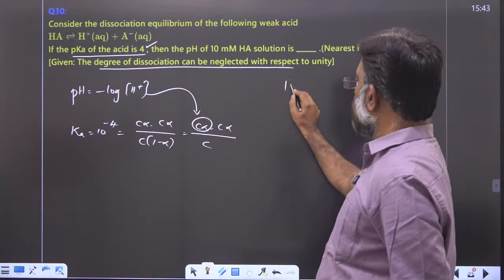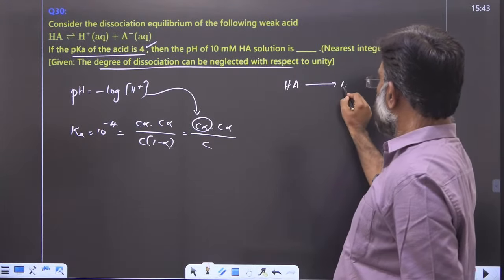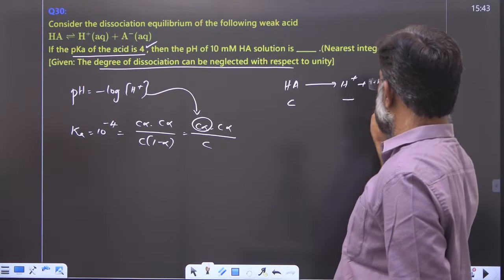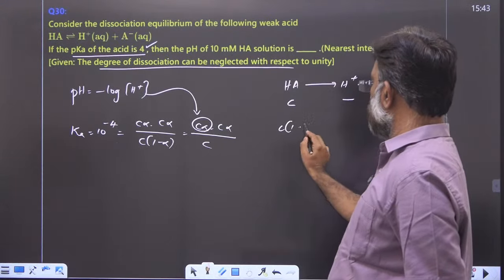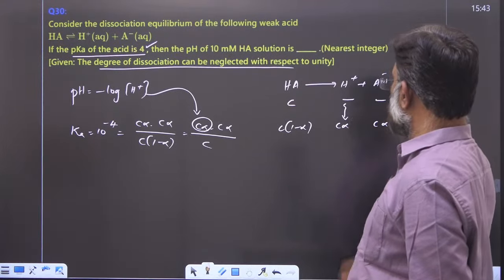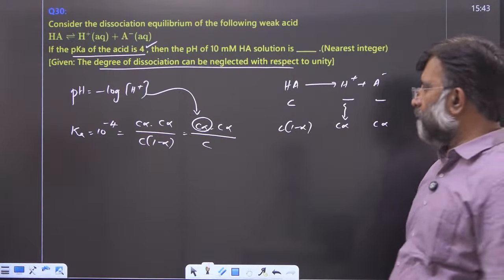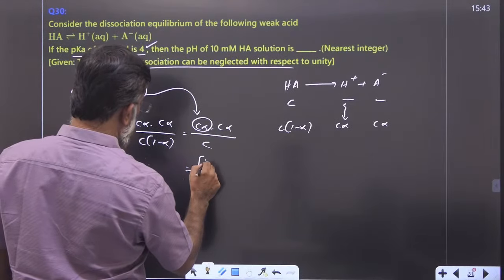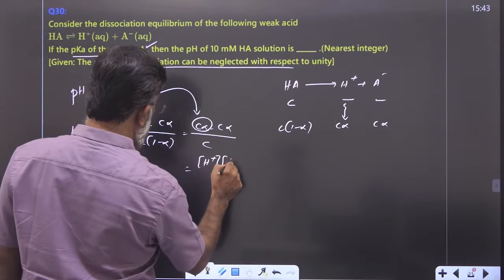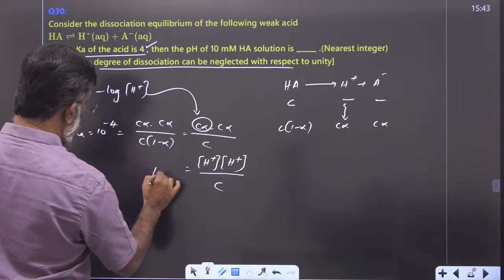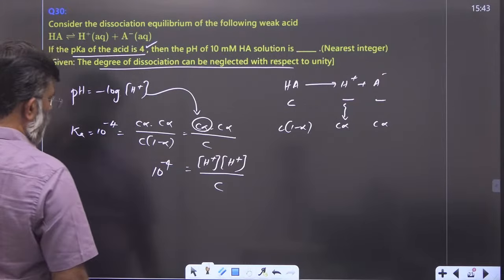HA giving H plus and A minus: C0, C into 1 minus alpha, C alpha. H plus concentration is C alpha. So H plus concentration squared divided by C equals 10 power minus 4.